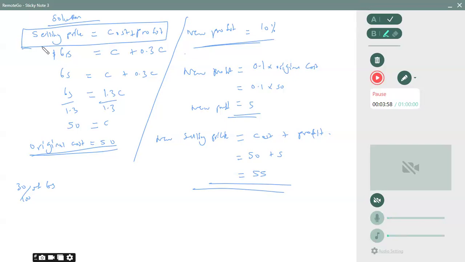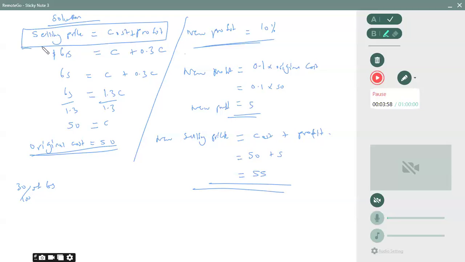Oh, so you don't add the new profit. To get the new profit, you don't add, you multiply the percentage with the original cost, so that we get to know the new profit value. That new value we get in form of profit is now that $5, which represents the 10% profit.